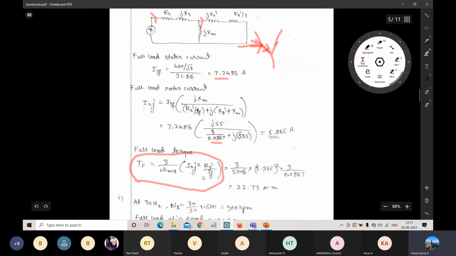Omega ms is equal to 2 pi ns by 60, or else 50 pi. You can use any formula. So IRF dash 5.865, RR dash 3.867, you will get 22.73.